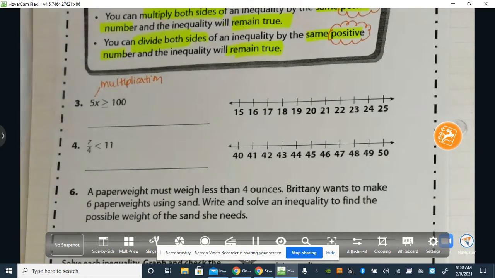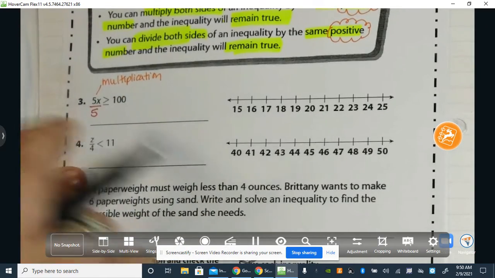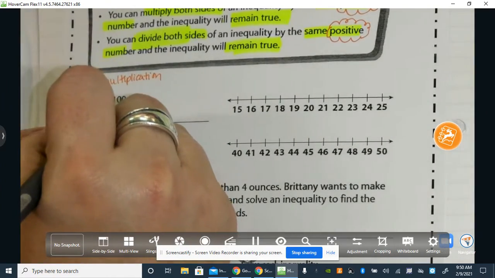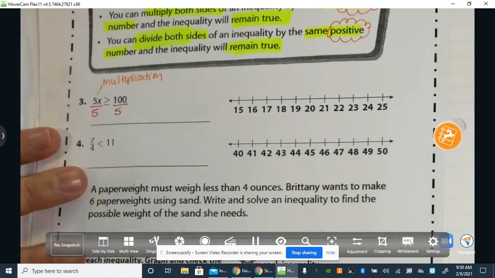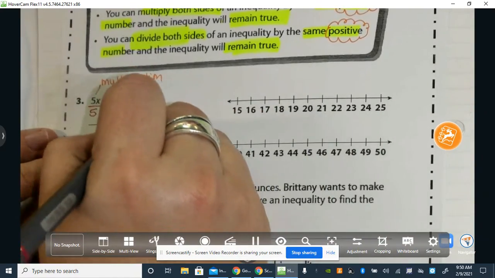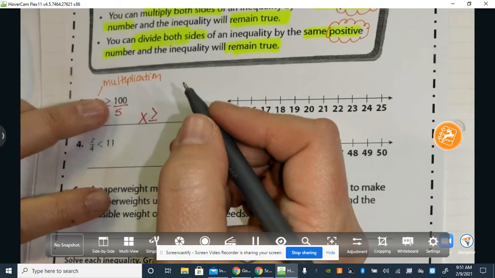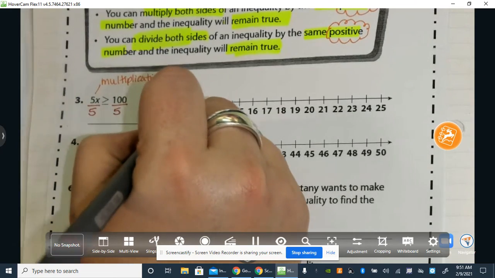So I'm going to come over here, and I've got to divide this by 5. But if I divide one side, I must divide to the other side. So I'm going to divide this side by 5. 5 divided by 5 gives me 1, so I'm left with x is greater than or equal to 100 divided by 5 gives me 20.